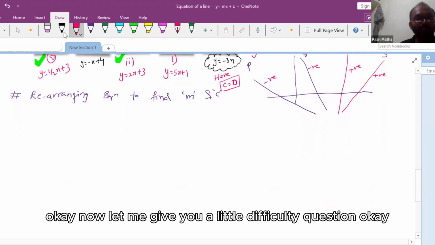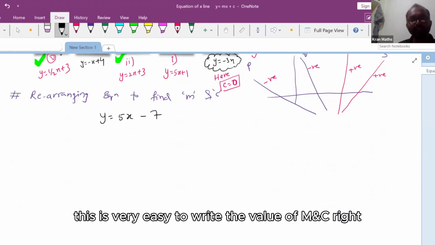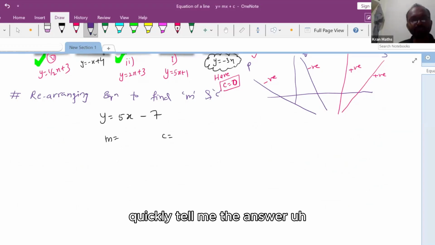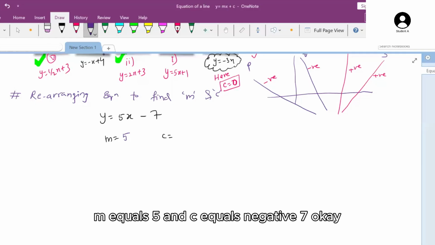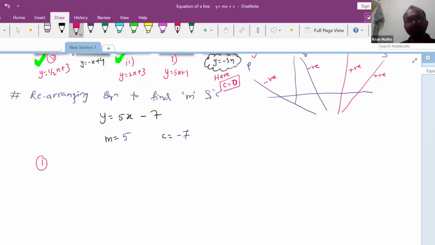Now let me give you a little more difficult equation. If I say y is equal to 5x minus 7, this is very easy to write the value of m and c, right? Quickly tell me the answer. M equals 5 and C equals negative 7. Now I'm going to give you questions where you have to do a few steps to get the answer.